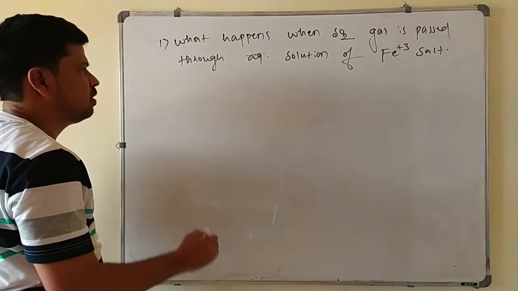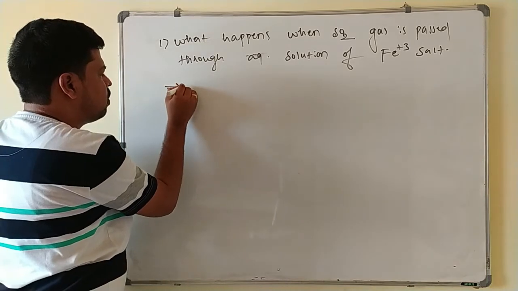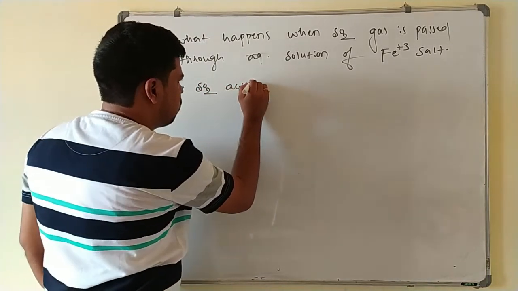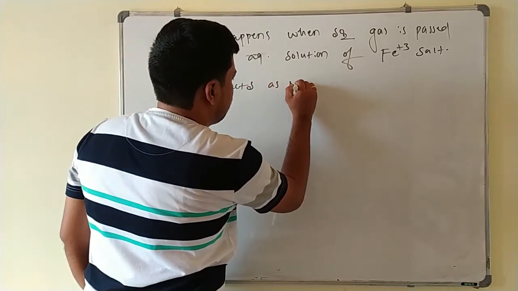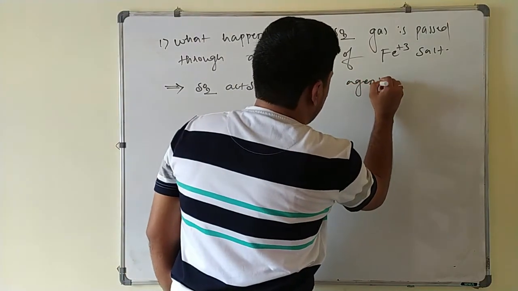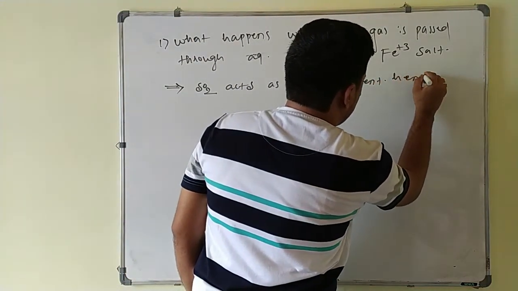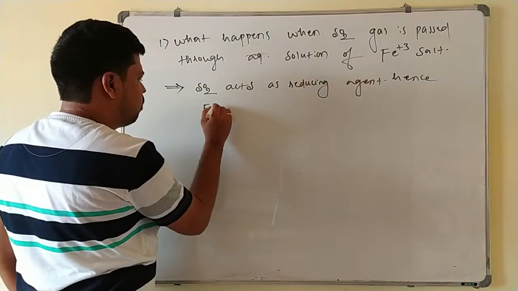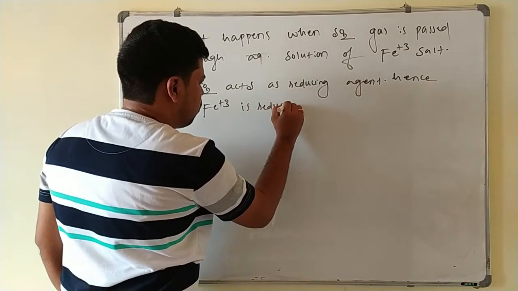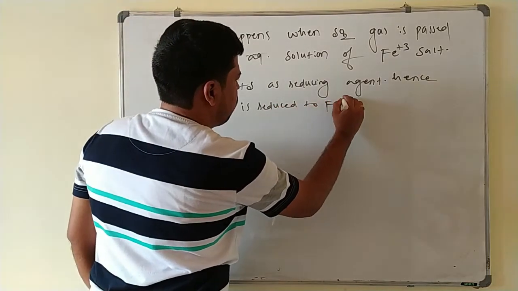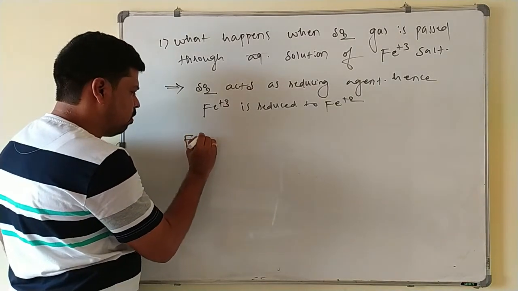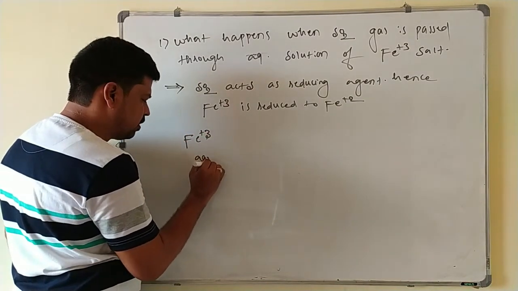So your answer will be what? SO2 acts as reducing agent. Hence Fe+3 is reduced to Fe+2 here. Suppose if I take aqueous solution of Fe+3, this is aqueous solution.